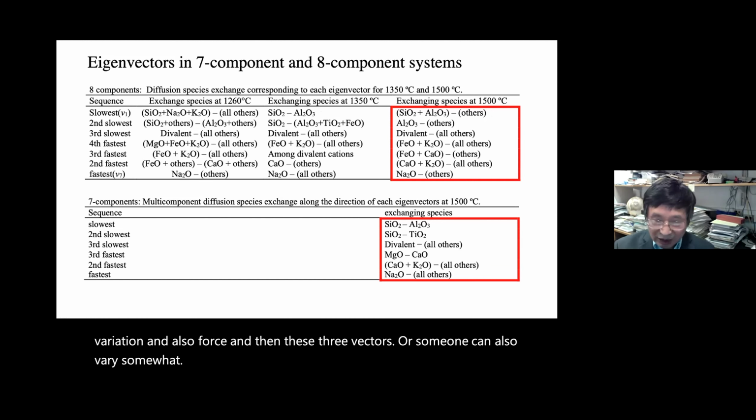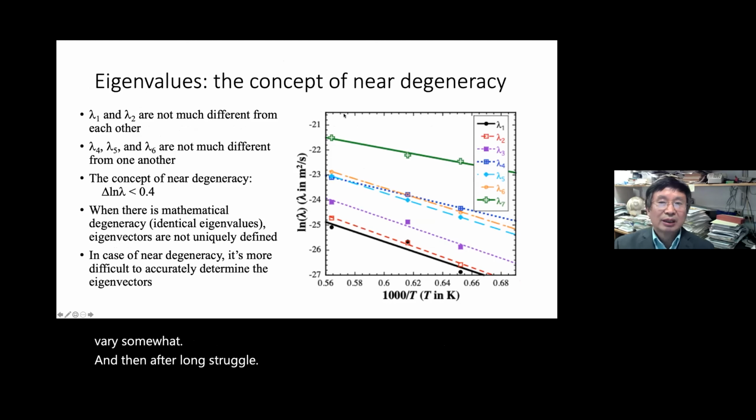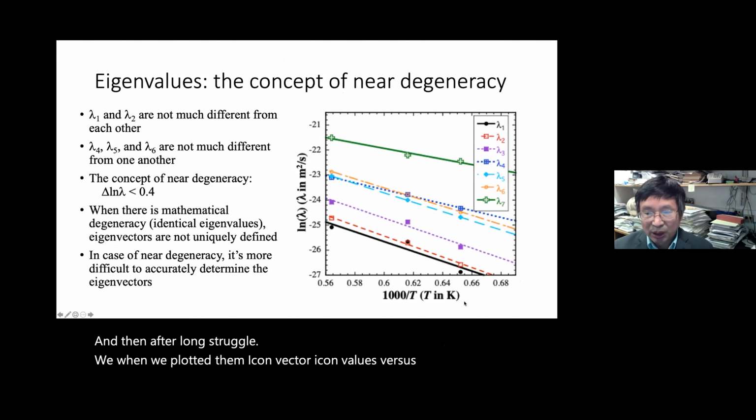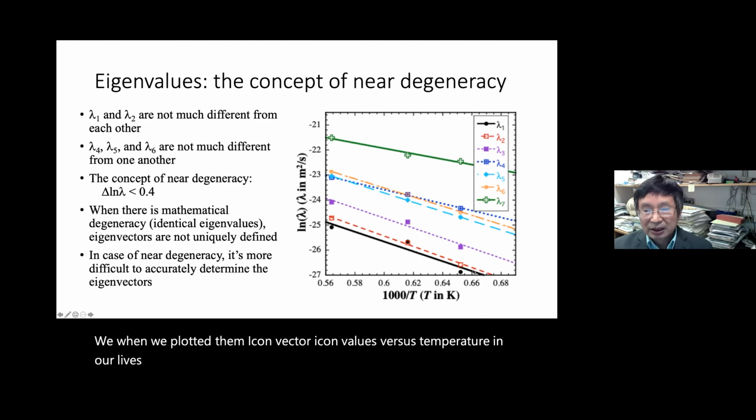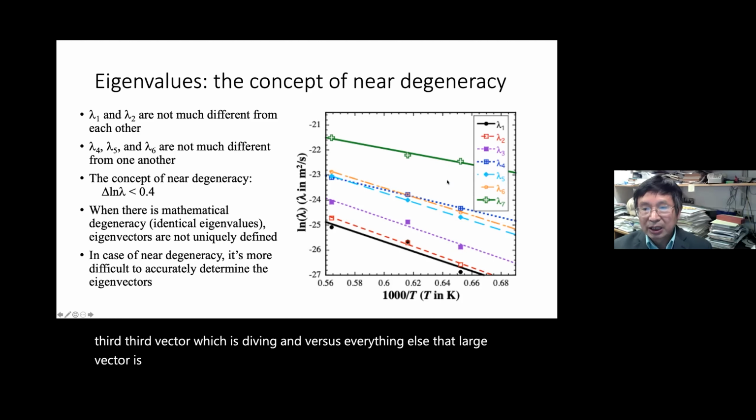And then after a long struggle, when we plotted the eigenvalues versus temperature in an Arrhenius plot, we found that the third eigenvector, which is divalent versus everything else, and the largest eigenvalue, which is sodium versus everything else, are far away separated from other eigenvalues.